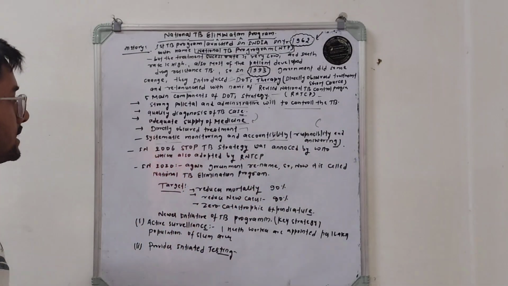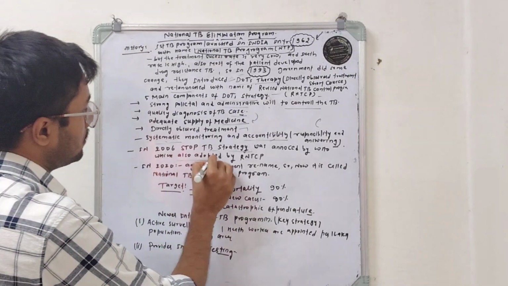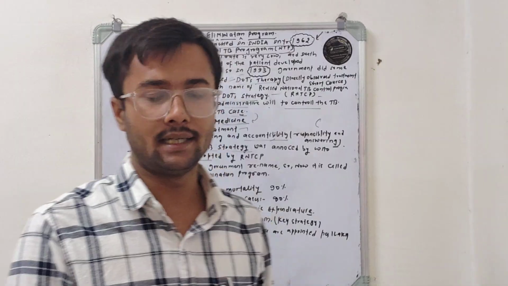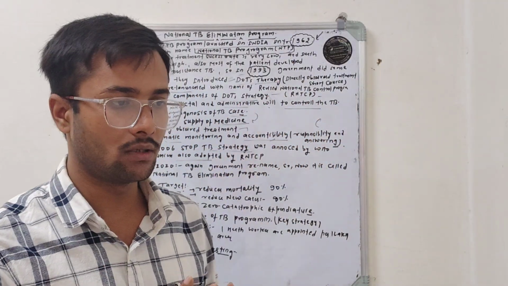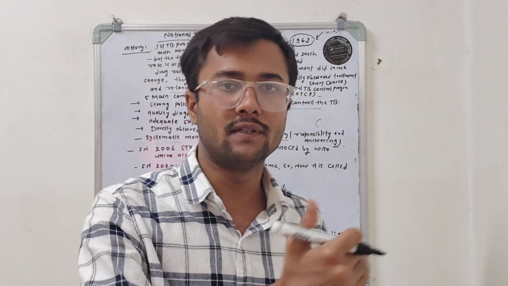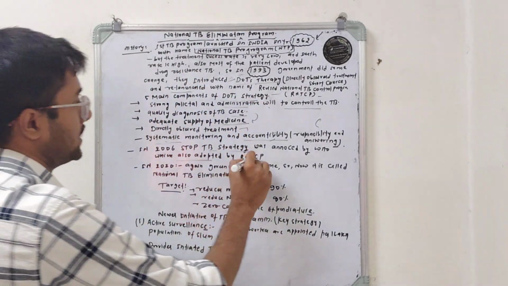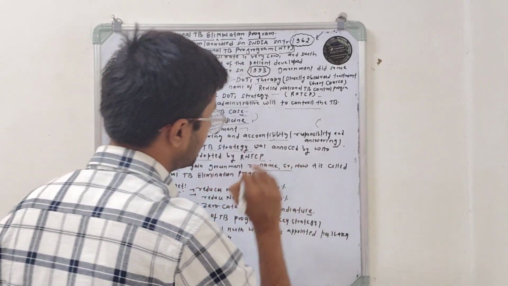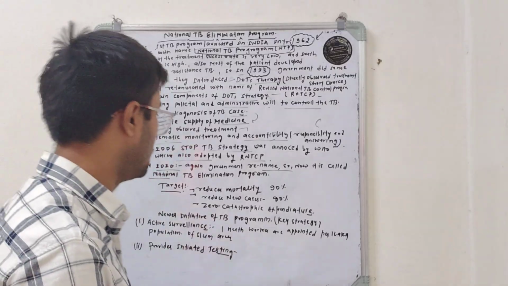In 2006, the Stop TB strategy was announced by WHO, which was also adopted by the RNTCP. After RNTCP in 1993, and the Stop TB strategy in 2006, in 2020 the government again renamed it, and now the TB program is known as the National TB Elimination Program.